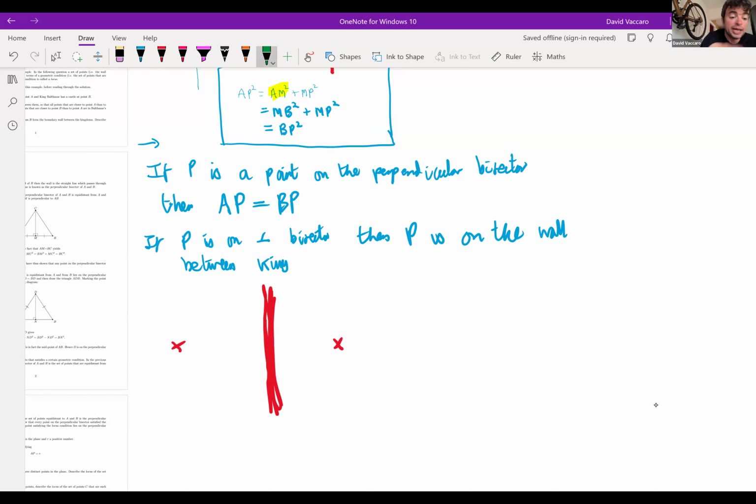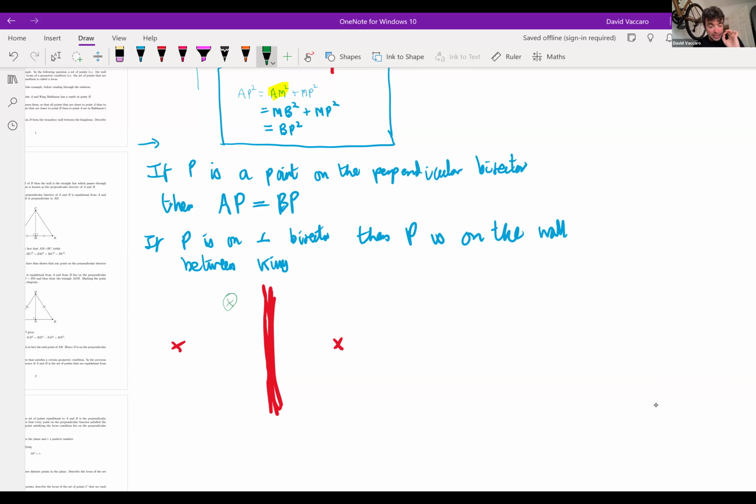But what it's not ruled out yet is that there could be points that aren't on the perpendicular bisector, but that nevertheless are on the wall. The implication has only been that if I start with a point on the perpendicular bisector, then I do this piece of geometry and I show that the two distances are the same. What it hasn't guaranteed is that if the two distances are the same, then I am on the perpendicular bisector.